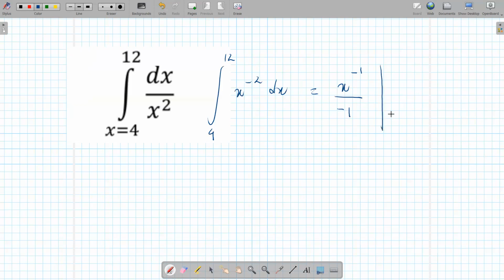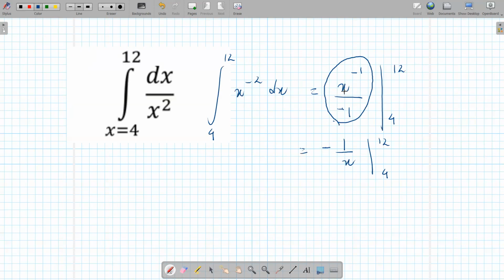And then we're going to throw in the upper bound and the lower bound. So I'm going to clean this up actually. Can you tell me what this becomes if you clean this up a bit? Something that we can work with? -1 over x. This -1, I'm going to write it outside.